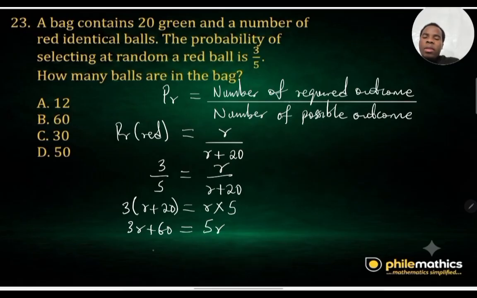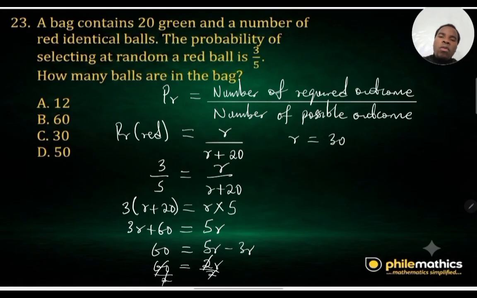Take 3R to the right, we have 60, 5R minus 3R. This 60, this 2R. Can divide both sides by 2, and we'll get that our R is 30. But we're not asked to look for the total number of red balls inside the bag. We are asked to look for how many balls that are in the bag.